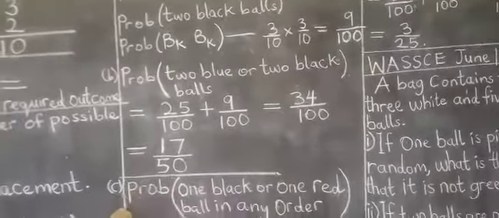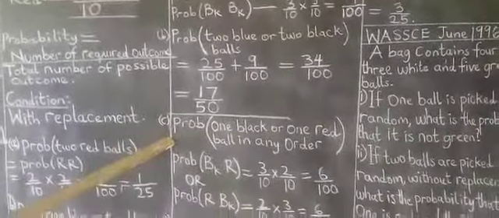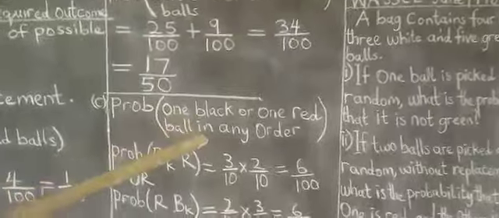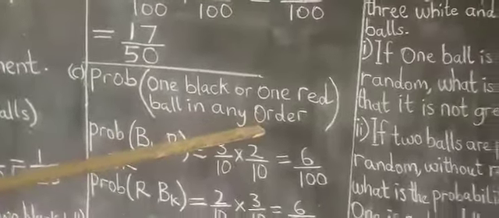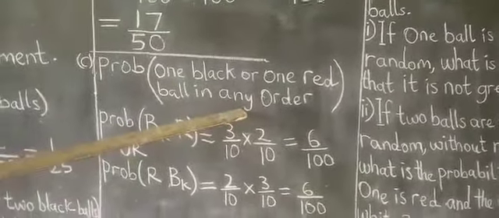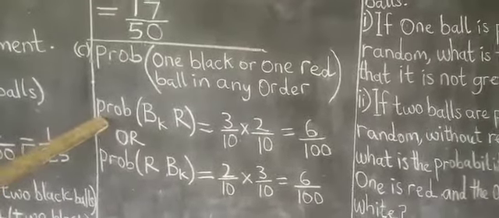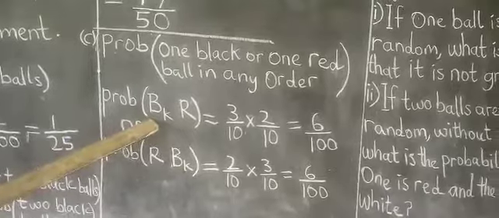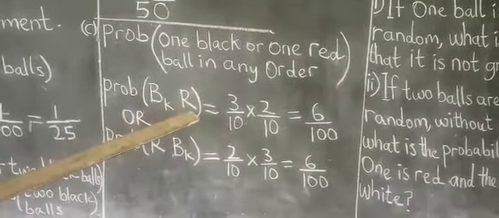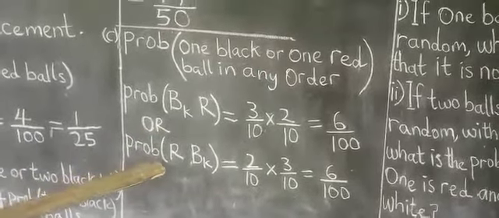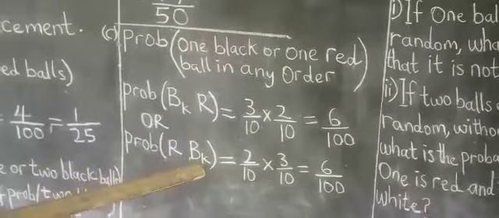Now, to see part of the question, it says probability 1 black and 1 red in any order. So there is a possibility that in the selection, black was selected first and followed by red. Or there is a possibility that you have red before black.